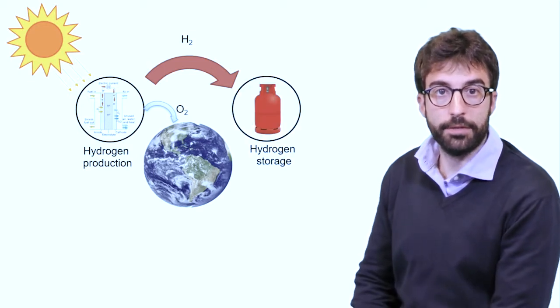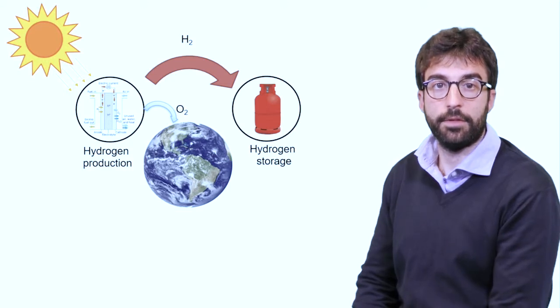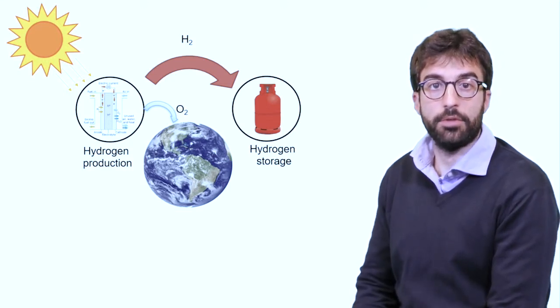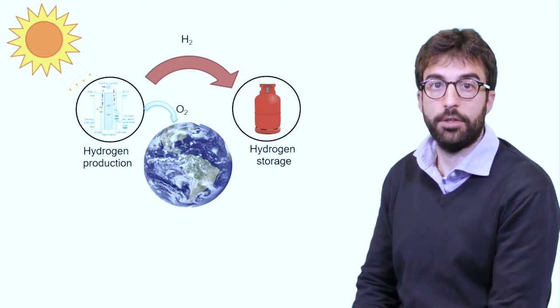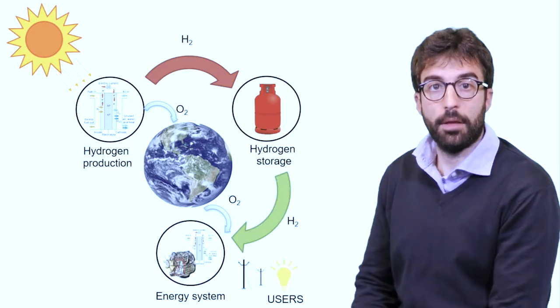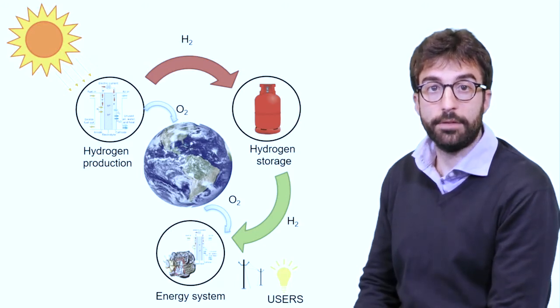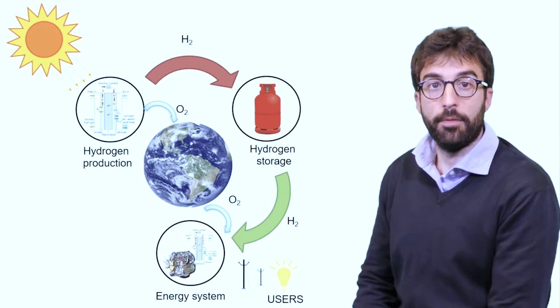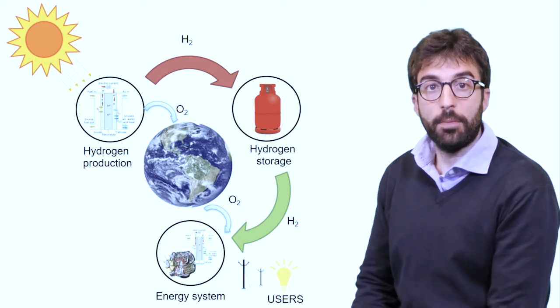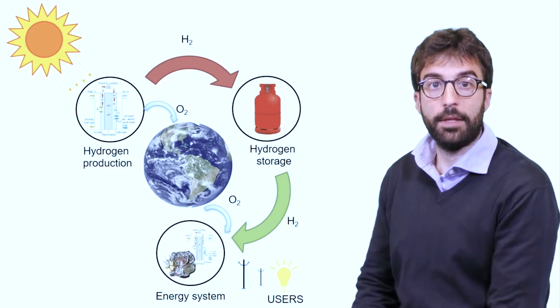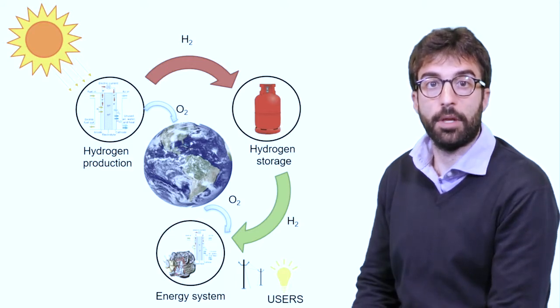Hydrogen is a stable chemical that can be stored with several different solutions, and once a user requires energy in the form of electricity or any other kind of energy, we can implement power systems that can be both traditional ones or, much more interesting, fuel cells that will produce the energy required by the user, oxidizing hydrogen with oxygen and giving the energy related to this chemical process.